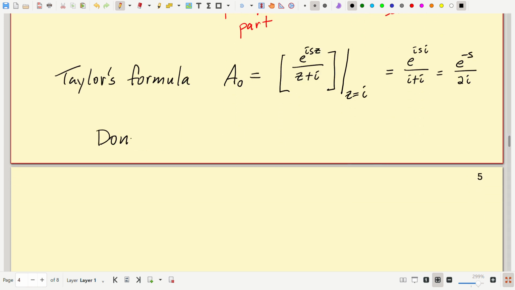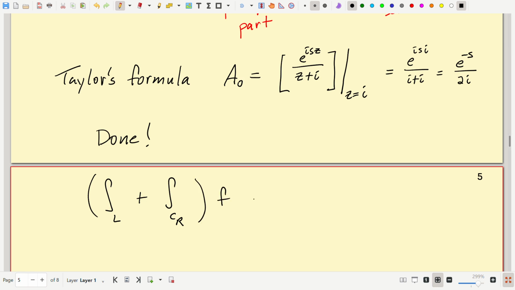Almost, I guess. I have the integral along L plus the integral along C sub r of f dz is 2 pi i times the residue at i of f.